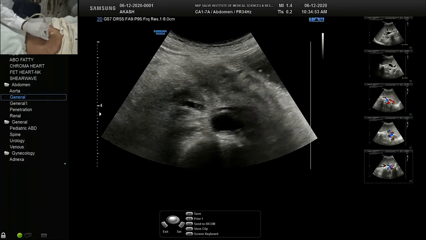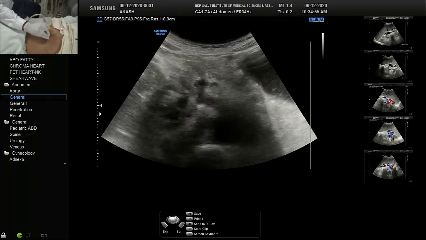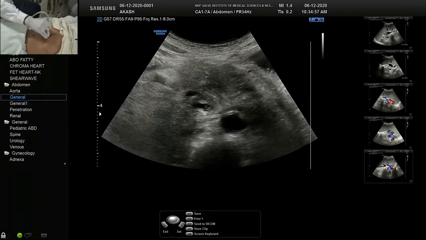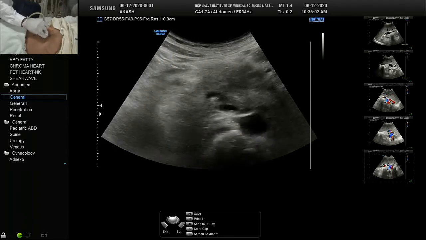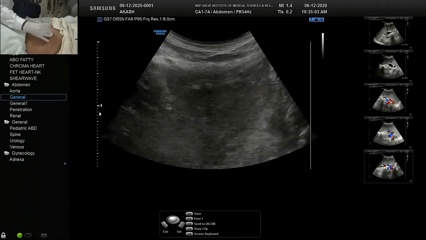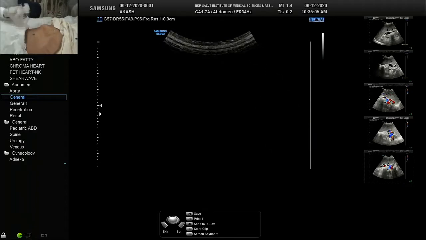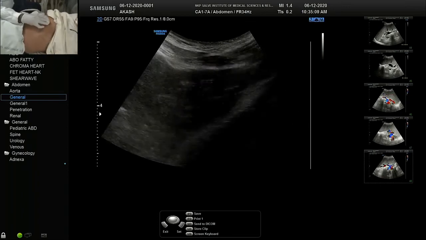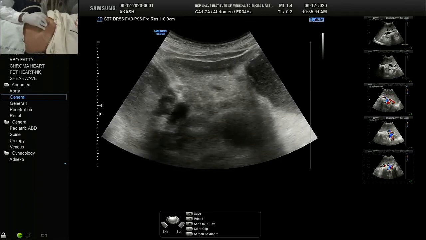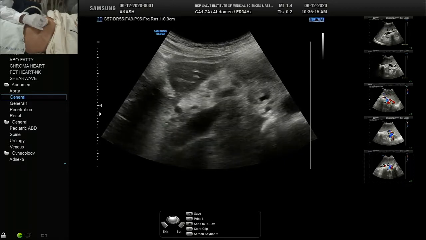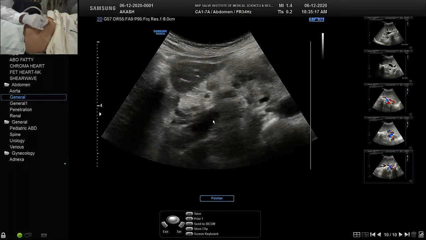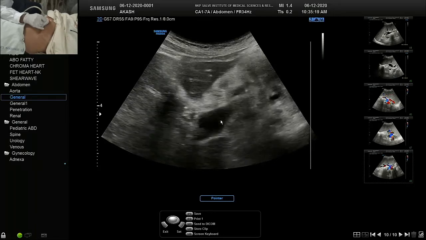So here, where is the splenic vein? I'm not able to find out. We'll just check. So we'll trace back from the portal vein at porta. That is portal vein at porta.